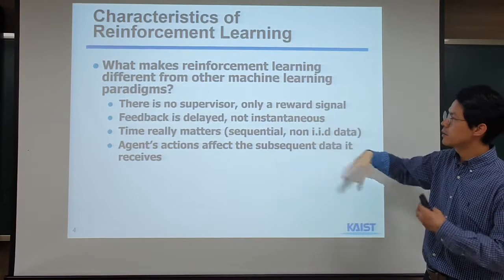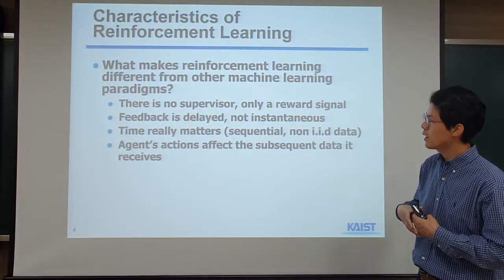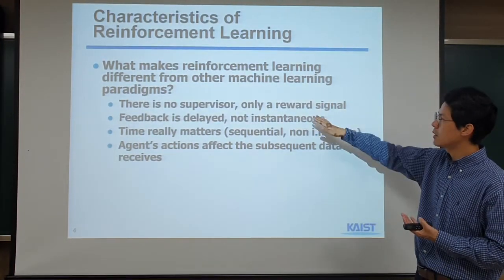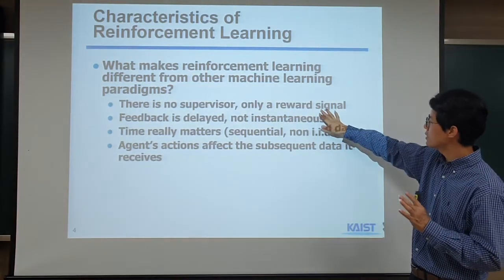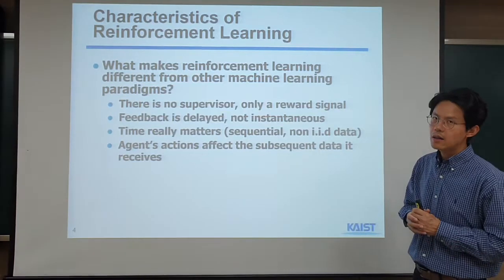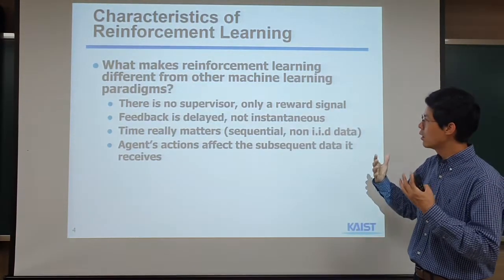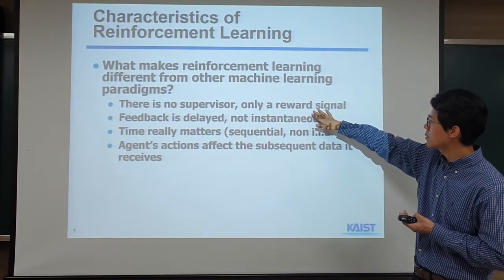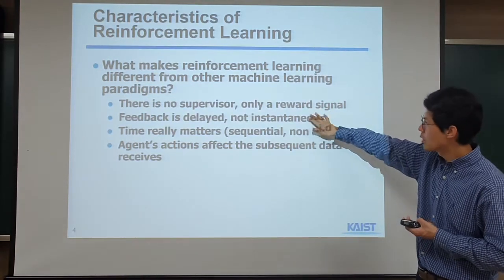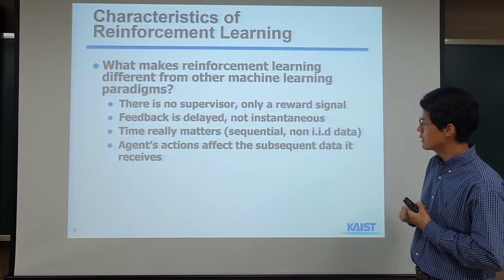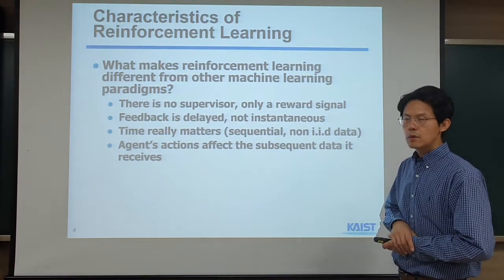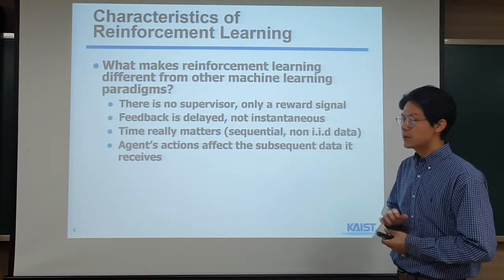Instead, there will be another kind of supervisory information: the reward signal. RL actually works along the concept of reward. In a way, this reward is kind of the supervising information. However, we may not get this reward immediately.